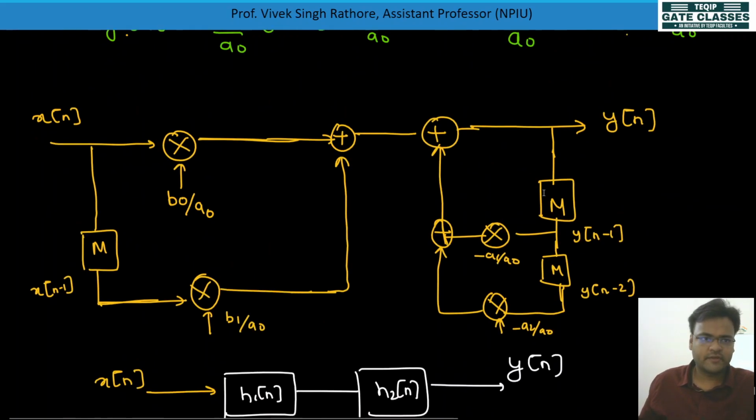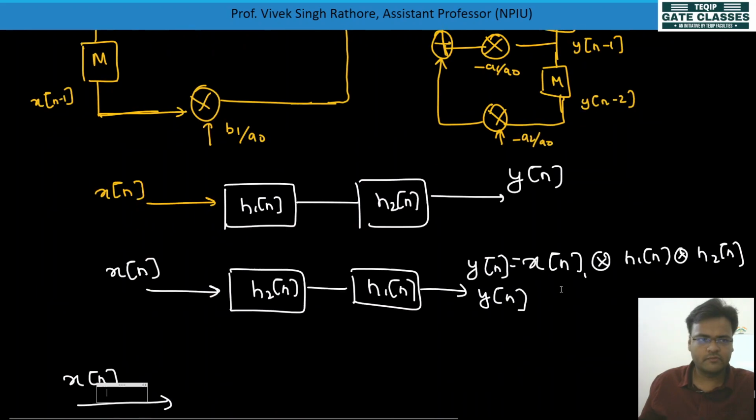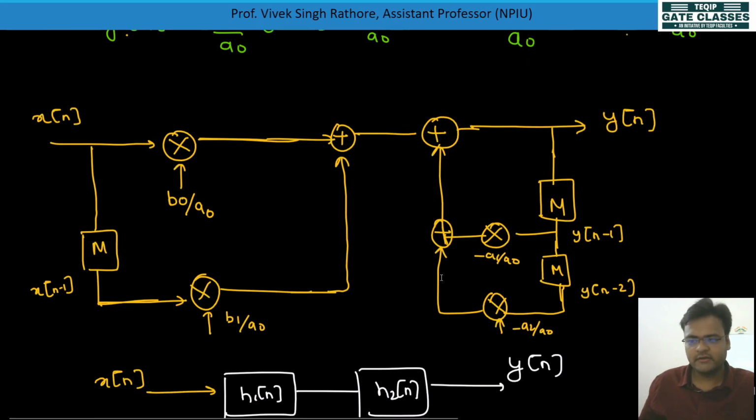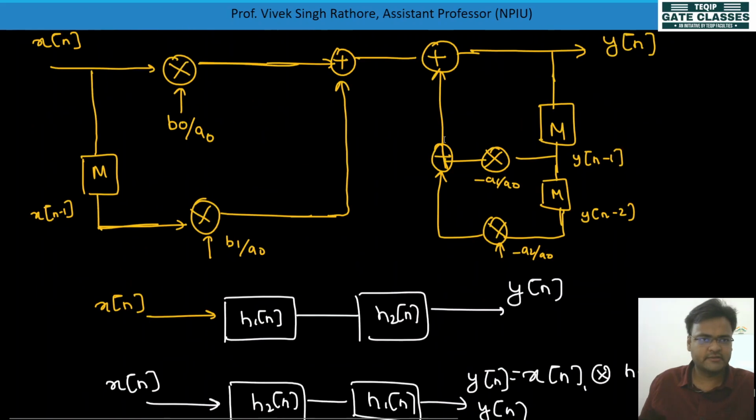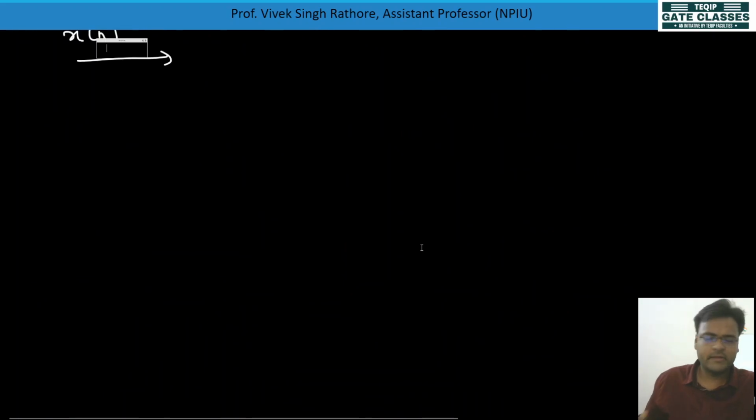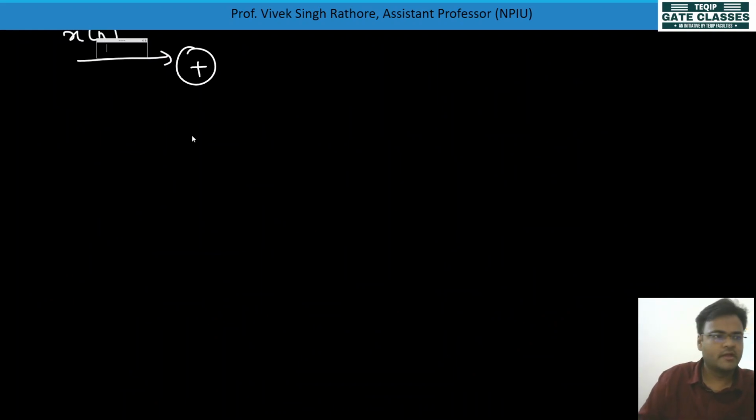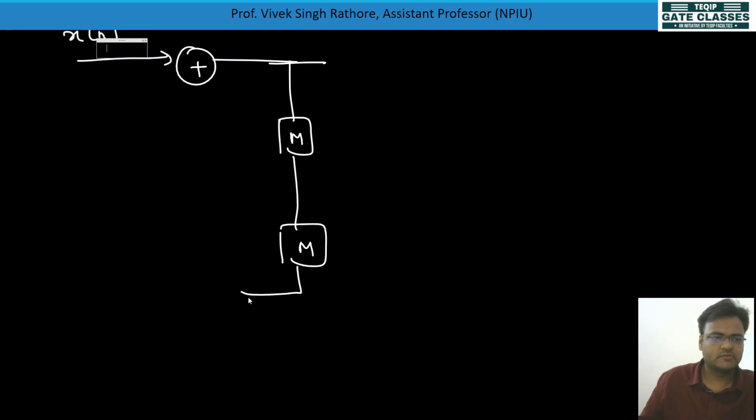For this x of n, the delay factors that were there, we'll keep here. And then this plus sign is there and this plus sign is there, so we'll make it like this. Just follow it, plus is there. Then two delay factors are there, let's suppose m and m, and this is going on.